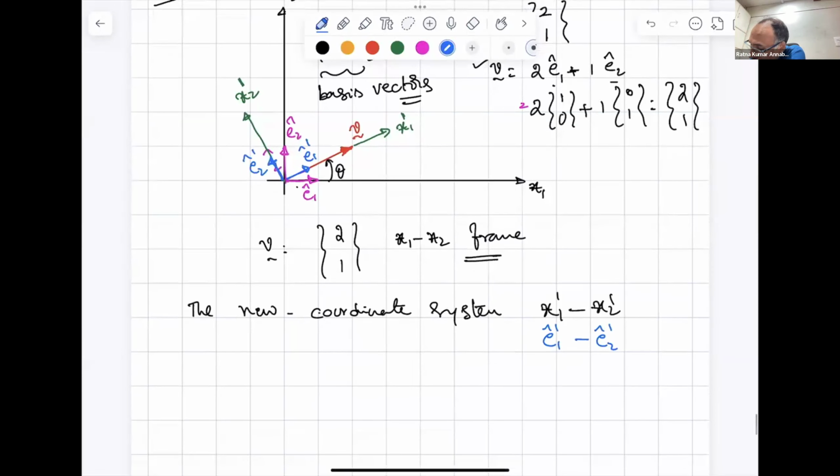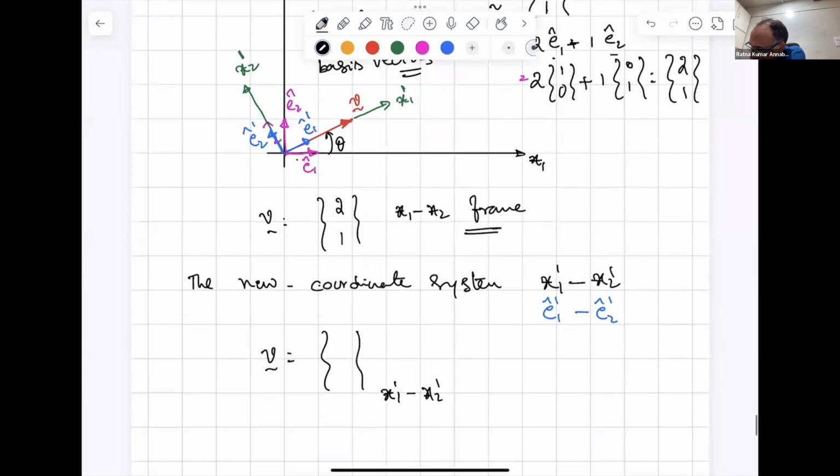Now, if the same vector v is written with respect to the x1 dash, x2 dash frame, what should be the components? Because now my basis vectors are E1 hat dash and E2 hat dash, I can write v as a linear combination of some value times E1 hat dash plus some value times E2 hat dash.